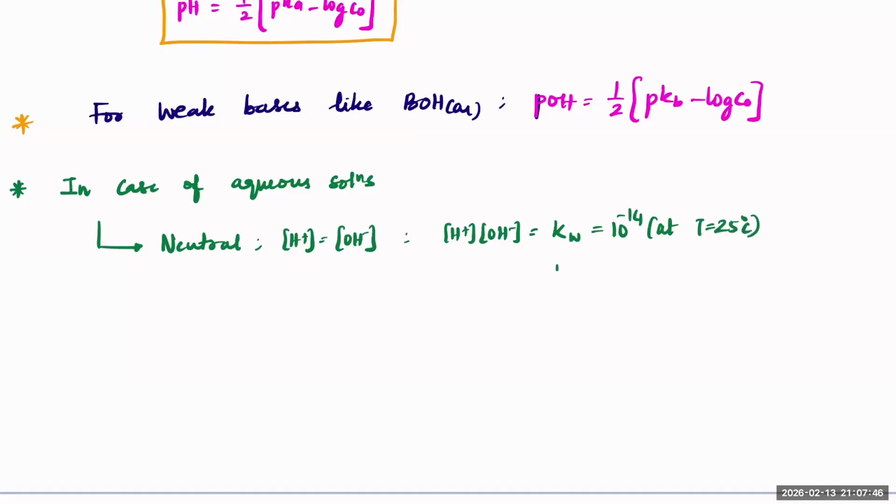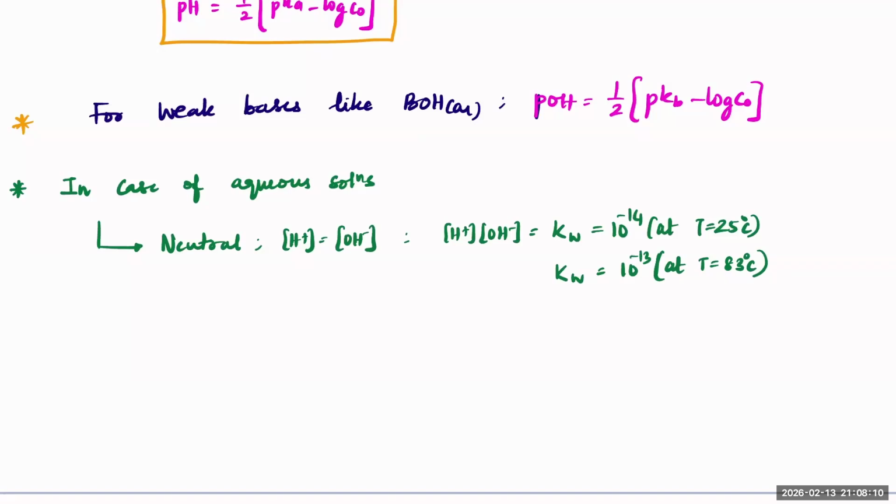Now, the same Kw is 10 raised to the power of minus 13 at a temperature of 83 degrees Celsius, which suggests that as the temperature increases, the ionization increases. In fact, all ionic equilibriums are endothermic. That means they will take the energy, take the heat, and dissociate further.